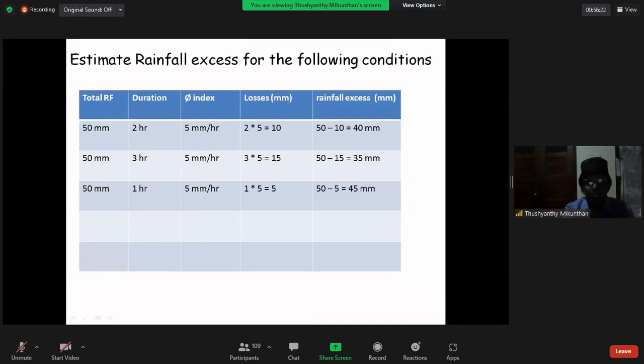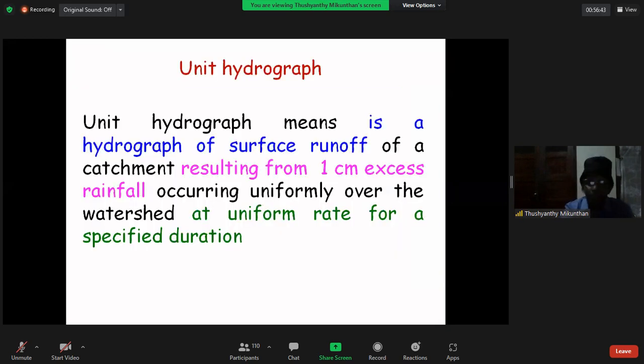One more example: total rainfall is given, duration is given, pi index is given. Estimate losses, then rainfall excess, because we are interested in rainfall excess.